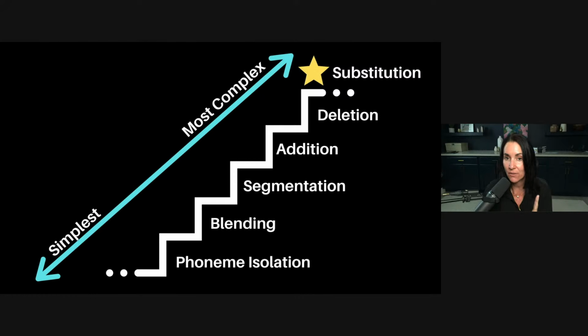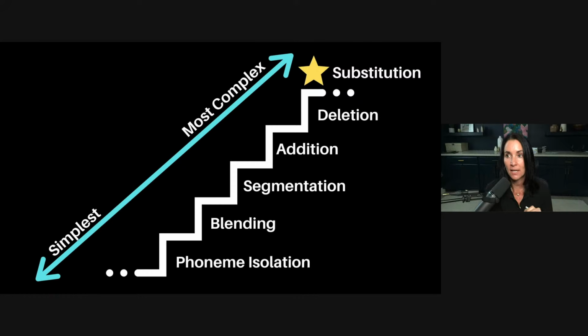And then the highest level, this is important, is phoneme manipulation or substitution. This one is the highest part because you have to understand your phonemic awareness before you can start substituting out sounds for other sounds. And that's why it's at the top.